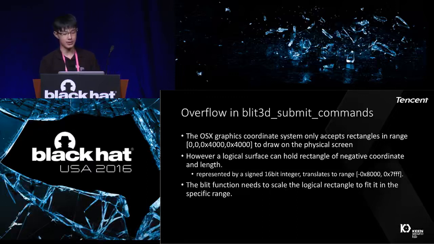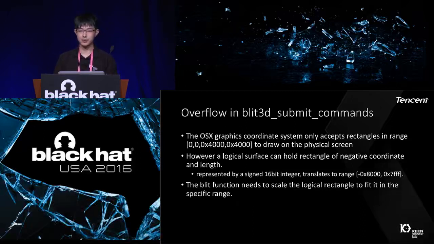As we know from reverse engineering, the OS X graphics system only accepts rectangles in a range like 0 to 0x4000 in hex format to draw on the physical screen. However, as we have seen before, a logical screen has a field in integer format, which is a signed integer, so it can represent numbers in a range like negative 0x8000 to positive 0x7FFF.